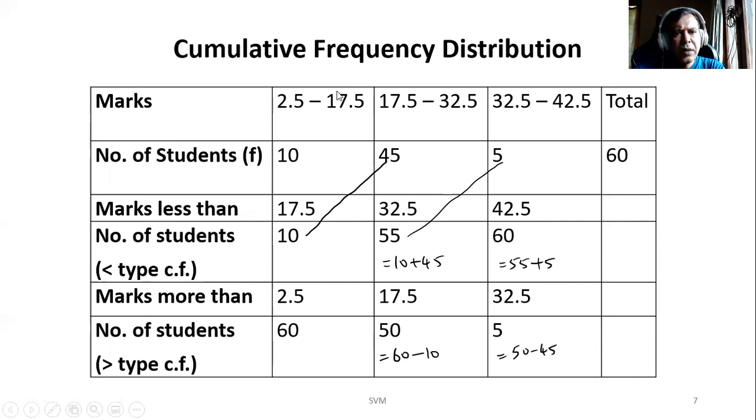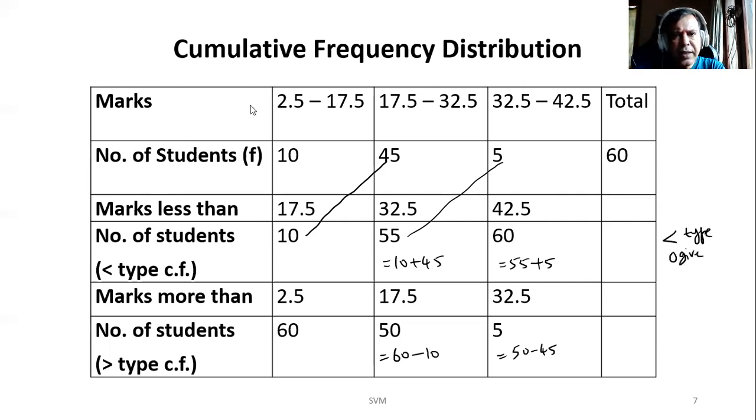If I consider these class intervals on the x-axis and plot this less than type cumulative frequency on the y-axis, whatever graph I get is called the less than type ogive.